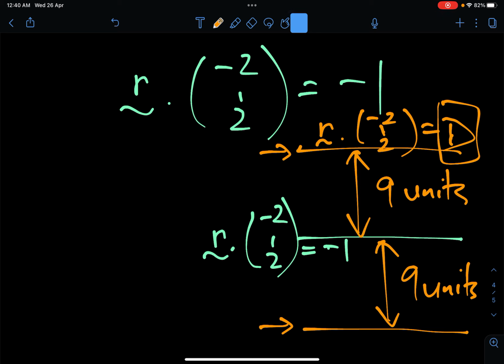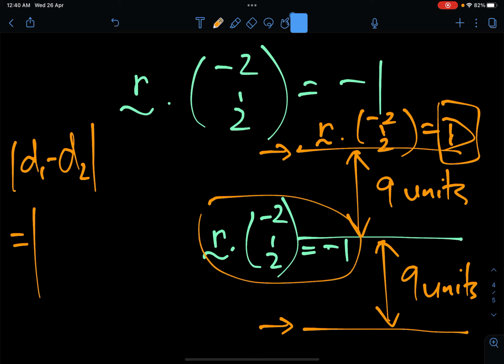Yesterday when I was applying d1 minus d2 in that video, if I take this as d1, it should be negative 1 over the mod of (negative 2, 1, 2).